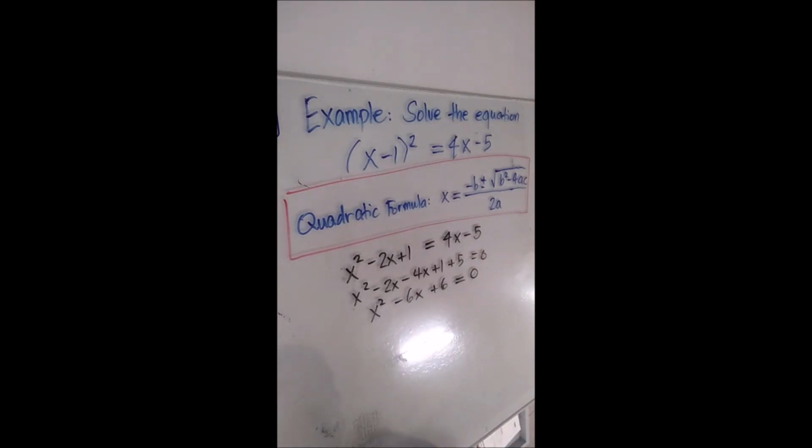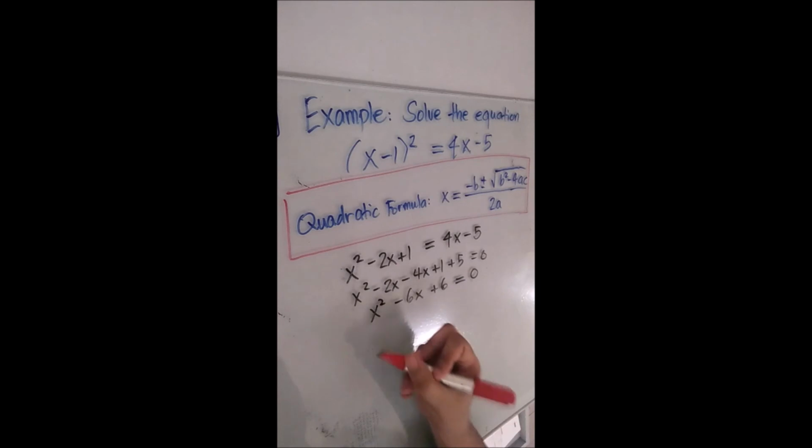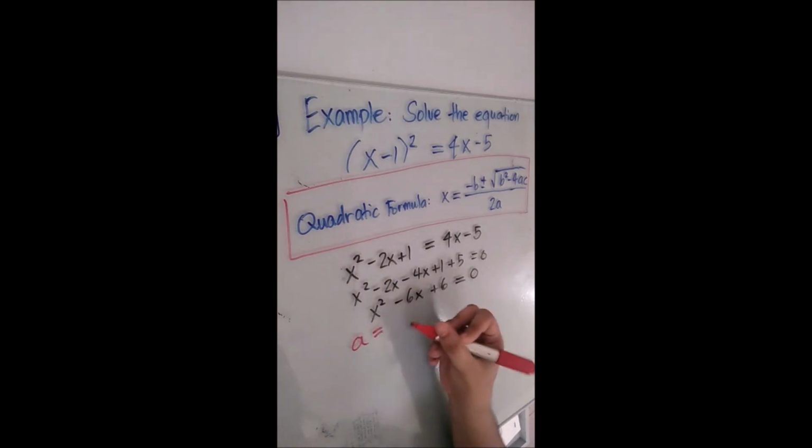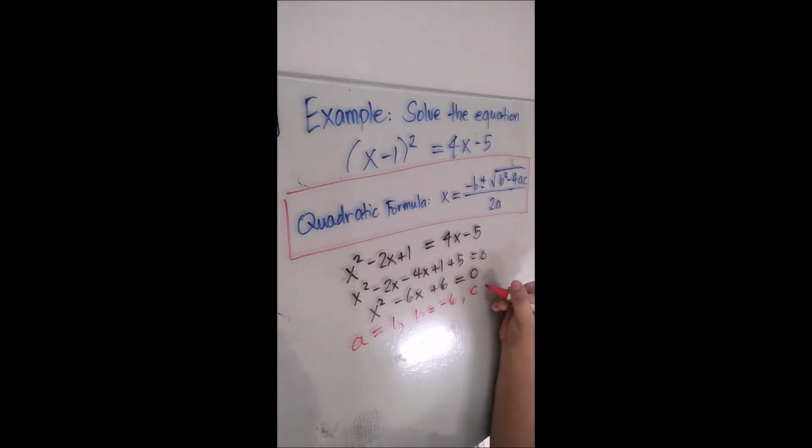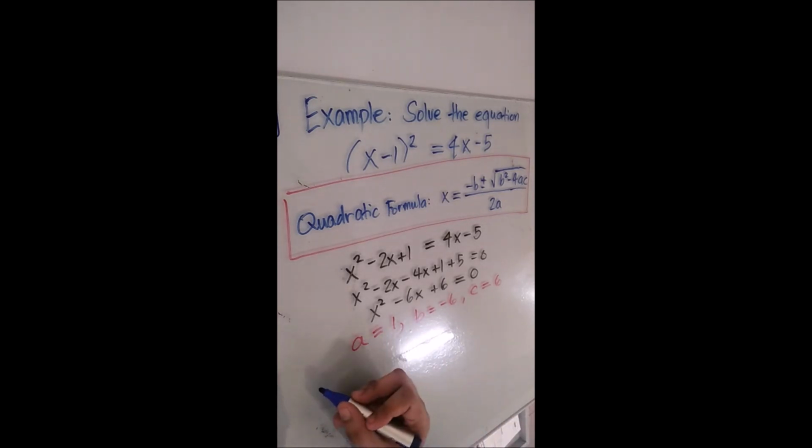So we already have a quadratic equation in standard form. Now, let's identify the coefficients. What is a? Okay, a is 1. b is negative 6, and c is positive 6. Okay, correct. Now, we are going to solve this using the quadratic formula.